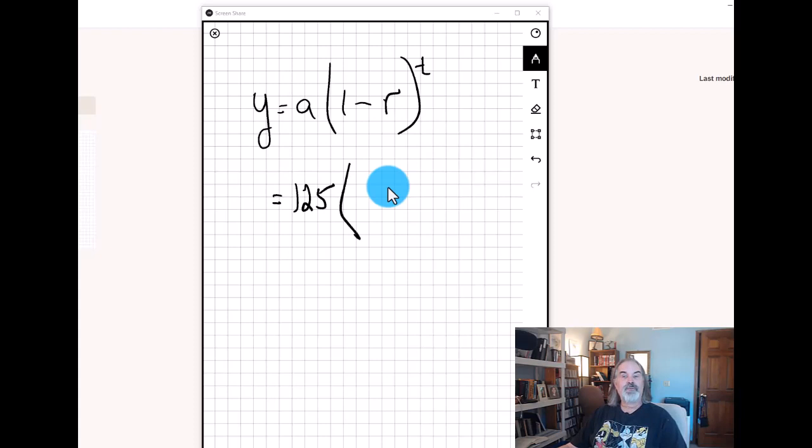They are decreasing in price, in worth, at 10% per year. So R, the rate, 10% in decimal is 0.1. 1 minus 0.1 is 0.9. The other way to think about that is that every year the book is only 90% the value it was the year before. How many years did we want to go by? We wanted to go by 5 years.